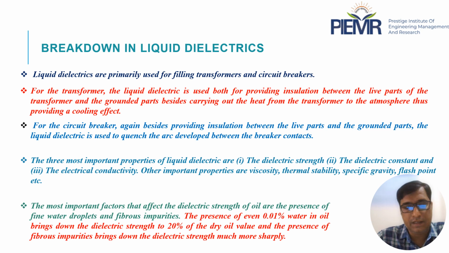The presence of even 0.01% of water in the oil brings down the dielectric strength to 20% of the dry oil value. The presence of fibrous impurities brings down the dielectric strength much more sharply. Hence, to use a liquid as a dielectric, it must be kept free from these kinds of impurities.